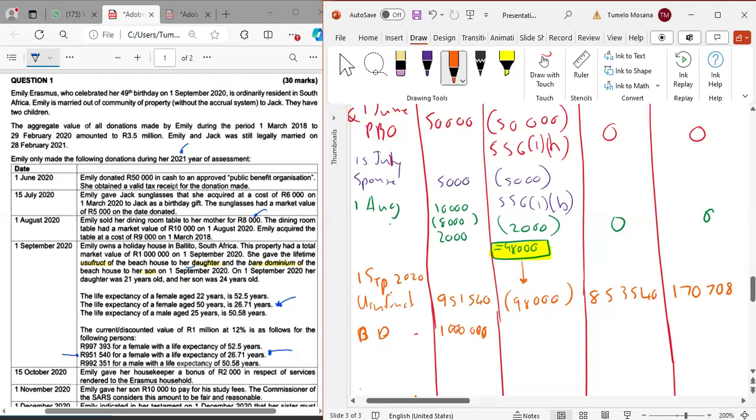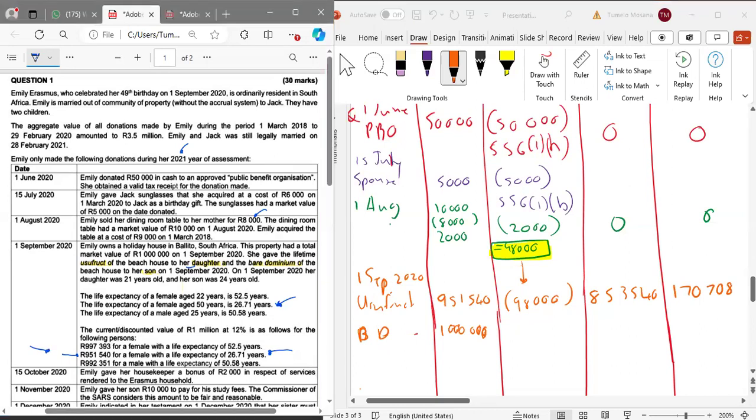It is the capitalized amount, it has already been calculated for you, at the bottom there by the 12. For the male, the life expectancy is 50.58 years, which is 992,351. Yes, that one is provided.